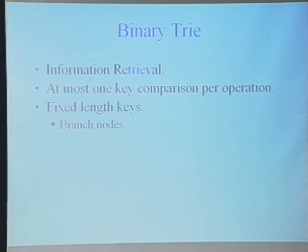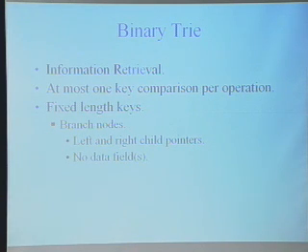Okay. So when you're dealing with fixed length keys, we'll have two types of nodes in the system. One is a branch node, and a branch node has a left child and a right child pointer, but no data fields. So that's different from a binary or a digital search tree where the nodes had both left child, right child, and a data field.